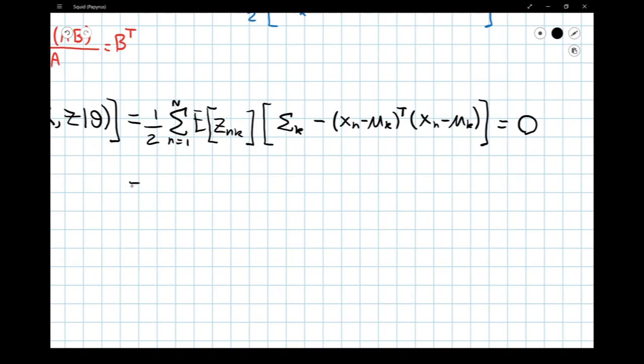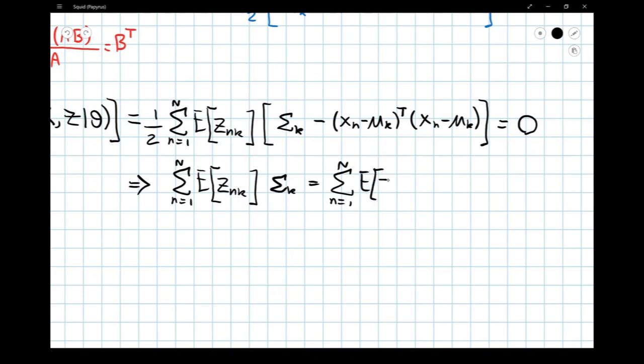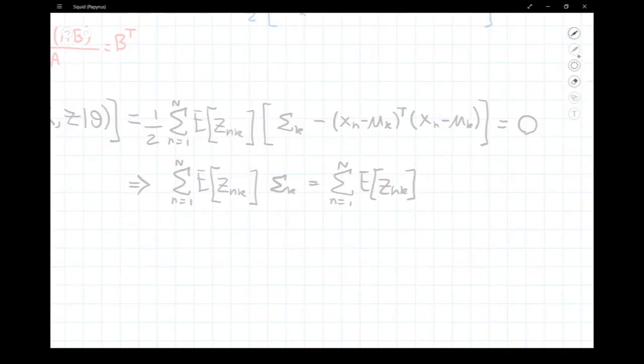So this all implies that we've got our summation over z's multiplied by this kth covariance matrix is now going to be equal to, so we multiply this term by our summation over z's, and we move it over, or rather this is summed over n, so it becomes equal to summation over n equals 1 to N. So because we still have n's in here, we have an expected z nk, and then multiplied by all this stuff.